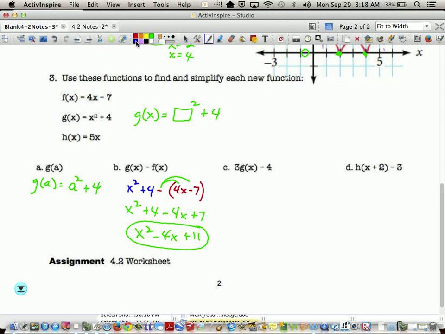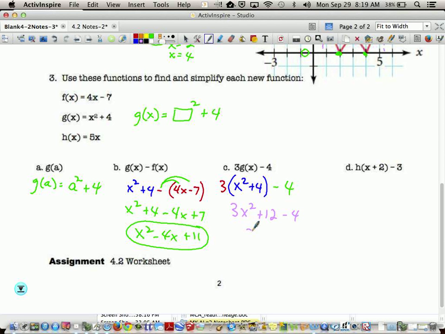So we're gonna take G, which is this x squared plus 4. They want us to multiply it by 3, and we still have in there a minus 4. That is all they are asking us to do. So if you distribute the 3 properly, you end up with 3x squared plus 12.